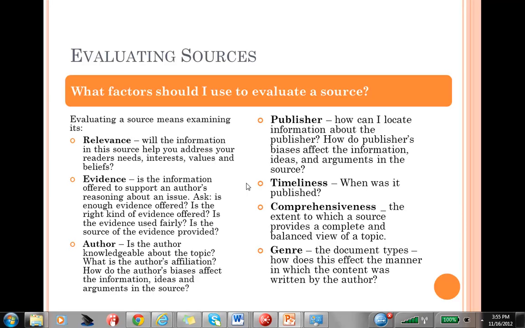And what genre is the source? So what kind of document is it, and how does that affect how the author has presented the information? For example, if it is an opinion piece for a newspaper, it's going to be written differently than if it's a research scholarly article. Okay?